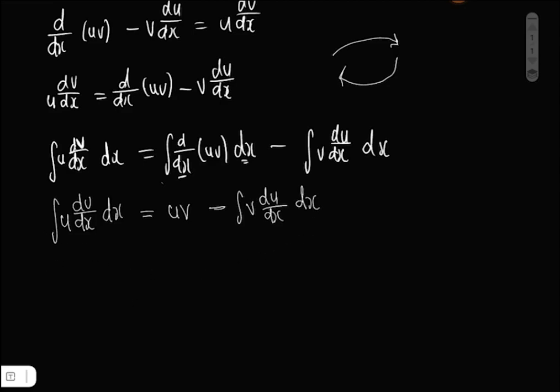Now this is brought down to the integral of u dv. It's like the dx and the dx cancel. In the literal sense that's not what happens, but it's like that. So we have uv minus the integral of v du.